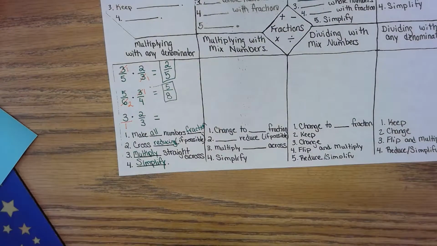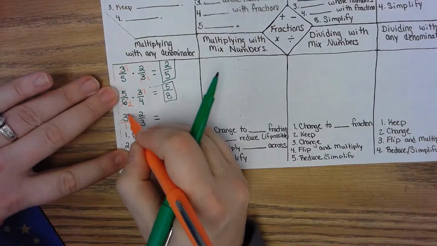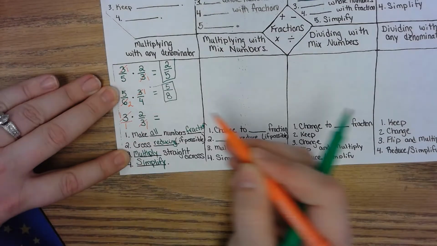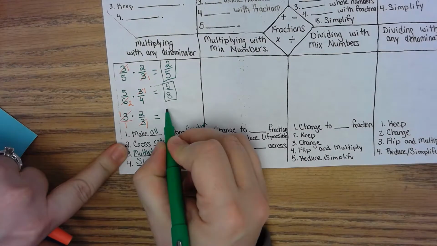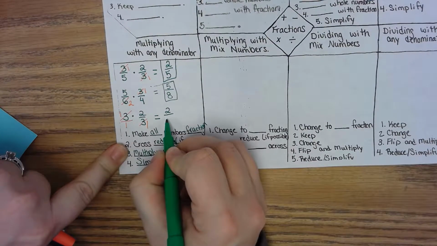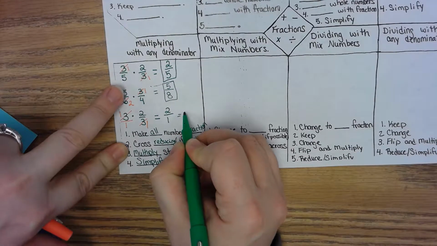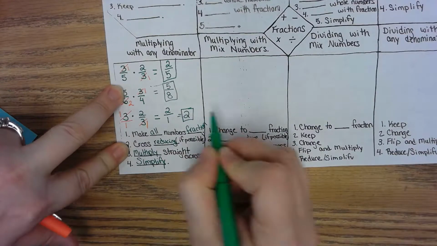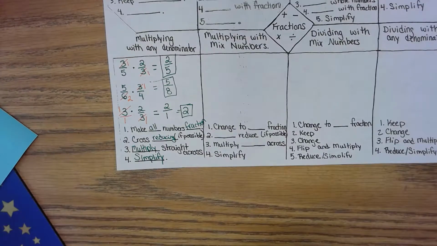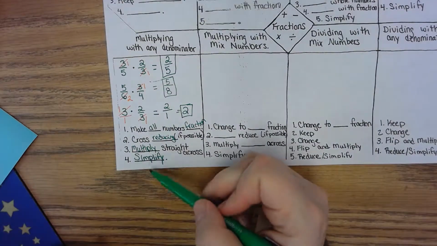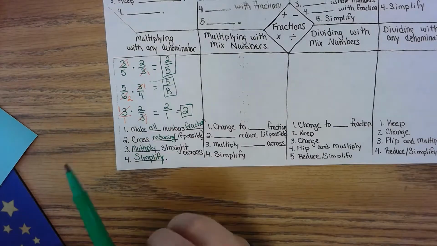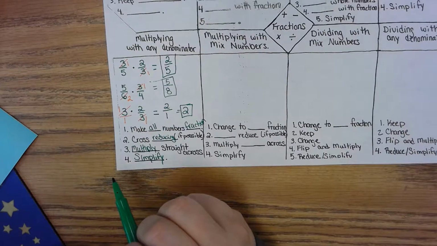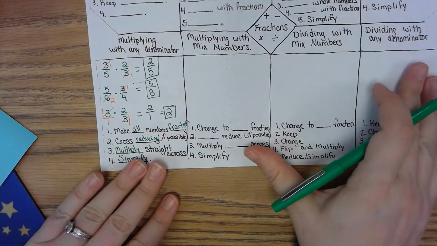Then I can cross-reduce. 3 goes into 3 one time, 3 goes into 3 one time, and then multiply. 1 times 2 is 2. 1 times 1 is 1, so this equals 2. Each time I can go back to my 4 steps at any time to solve fractions that are multiplying with any denominator.